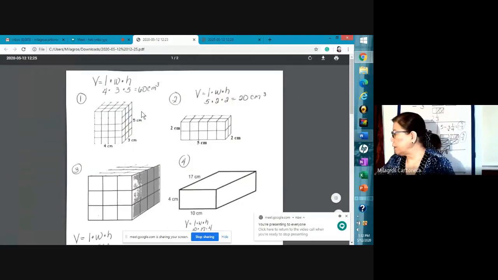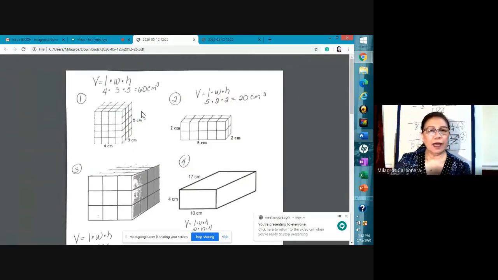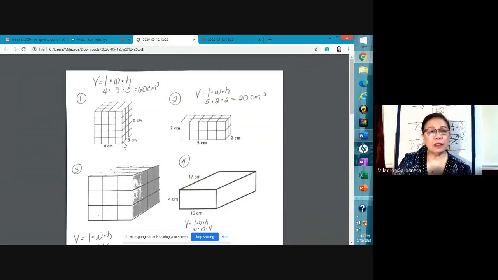I have here some pictures of rectangular prisms wherein the first picture shows how many cubes are used to create the rectangular prism. If you're going to look at this side, at the bottom layer, we have 4 cubes, and each cube is 1 cubic centimeter.